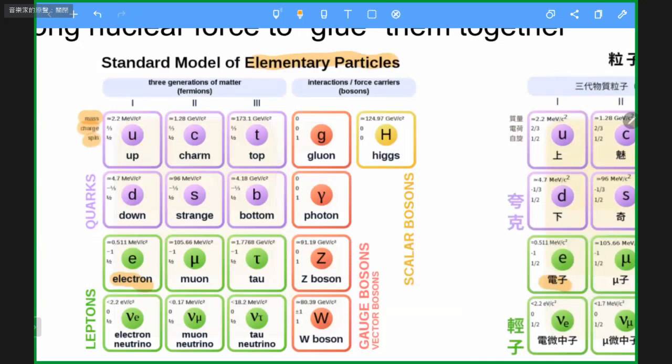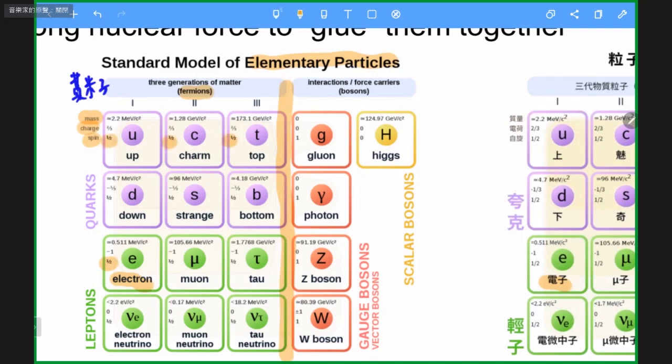spin. In high school chemistry, you should know the spin of the electron is plus or minus one half. On the left part of this table, there are the so-called fermions. A fermion has a spin of 1/2.